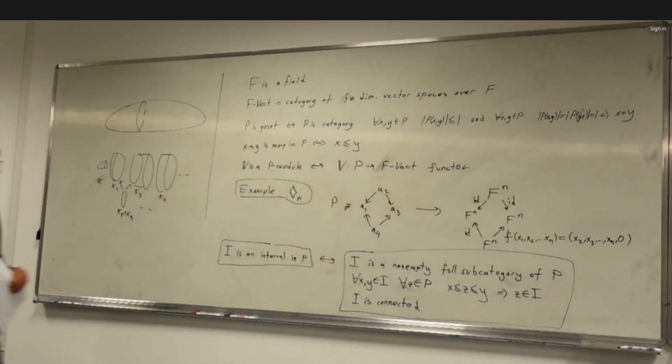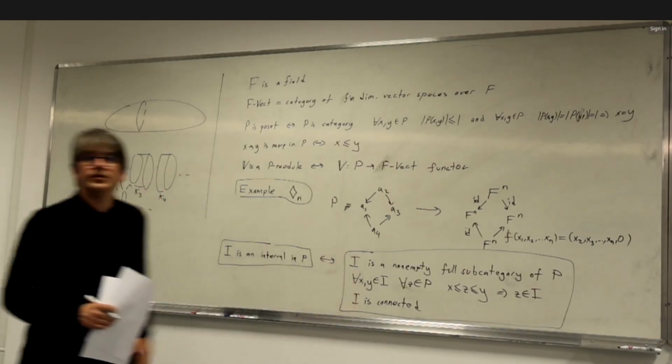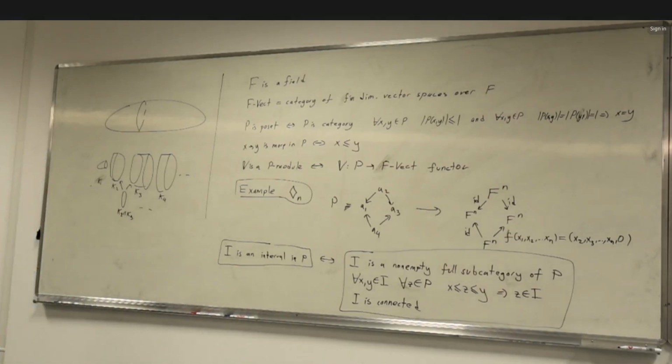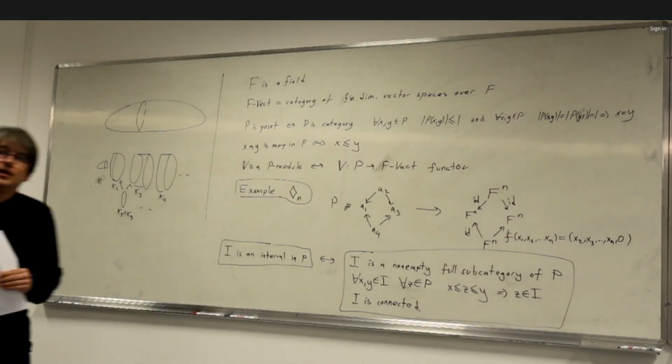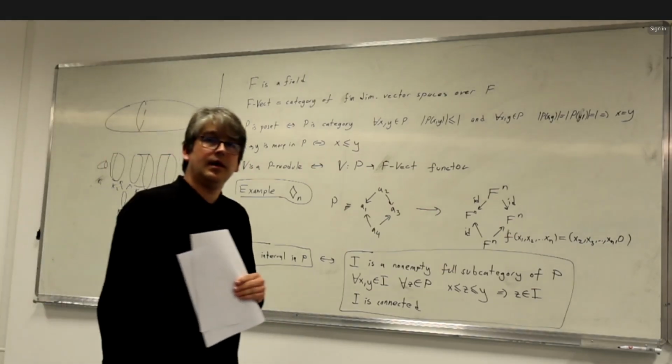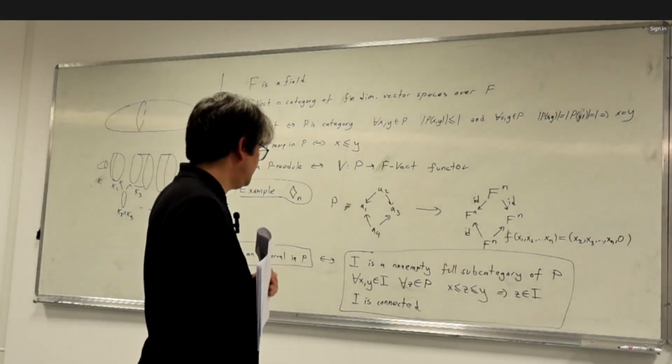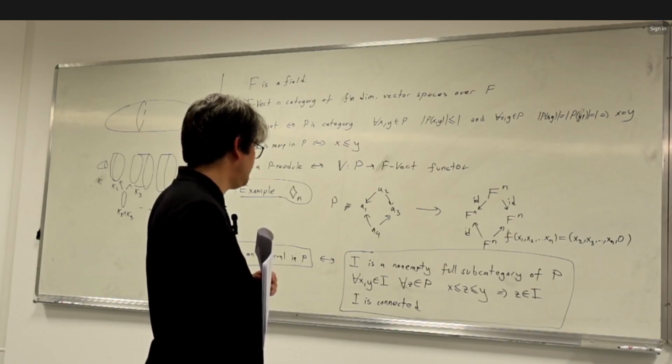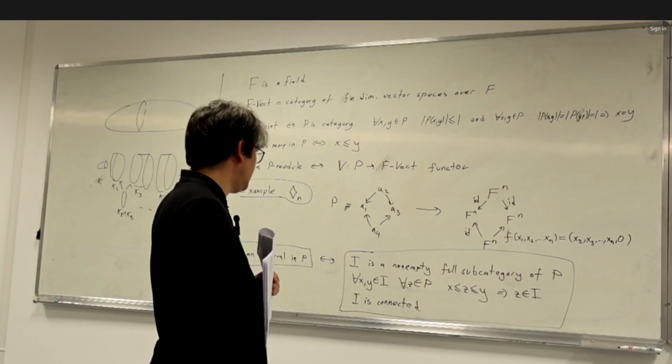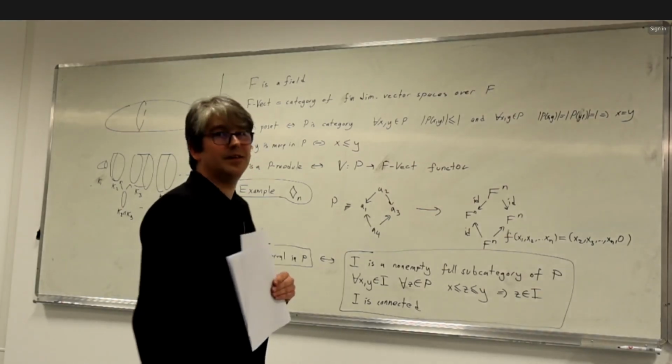So an interval in the poset would just mean some full subcategory that satisfies these conditions. I will just define intervals like this.